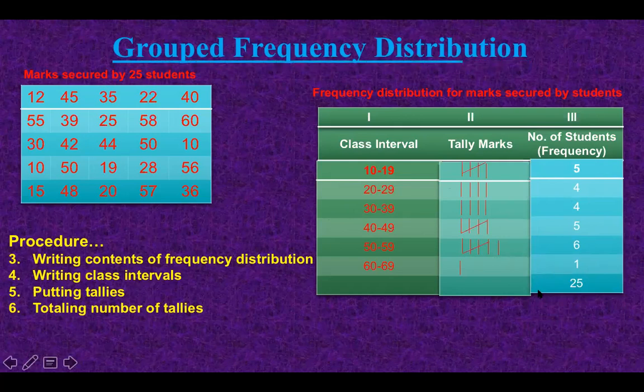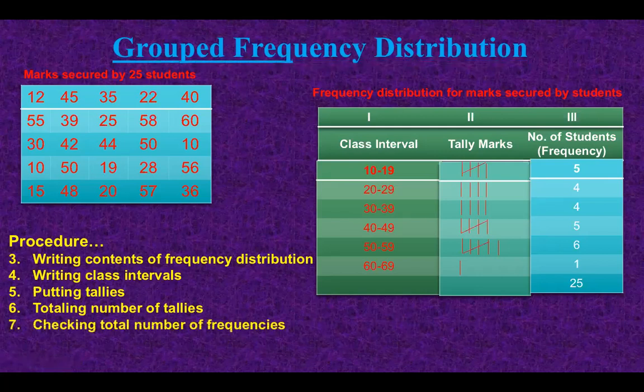I can conclude from this table that only 6 plus 1, that is 7, students have marks above 50. And then I check that the total of the frequencies should be equal to the number of observations. The total frequency here is 25 and the number of observations I had was 25.